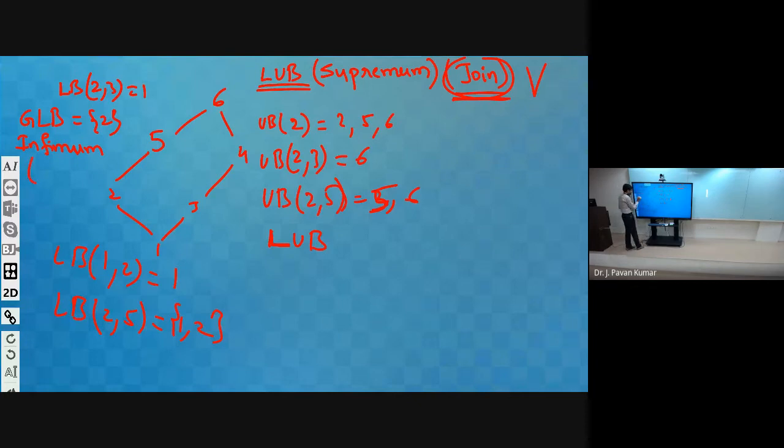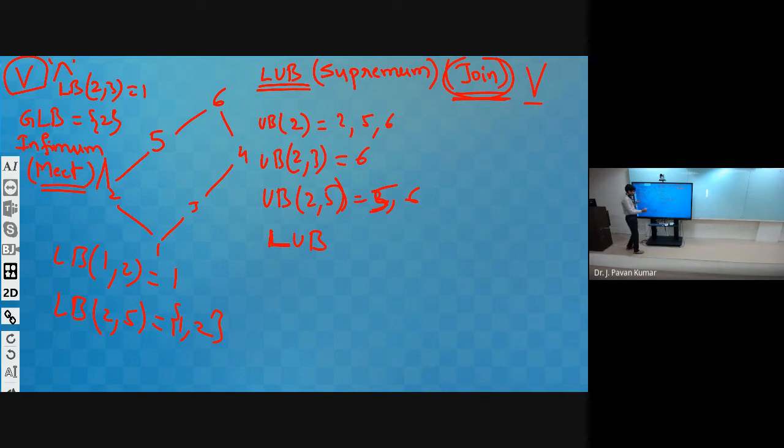And the formal name for this GLB is meet. You have to remember this. Join is nothing but LUB, the least upper bound, and we denote it with the symbol for OR. Next, GLB is the greatest lower bound, which we can call infimum, and it can be called meet as well, and we denote it with the symbol for AND. You know these symbols, one is for OR and one is for AND. So OR is used for denoting join, and AND is used to denote meet.